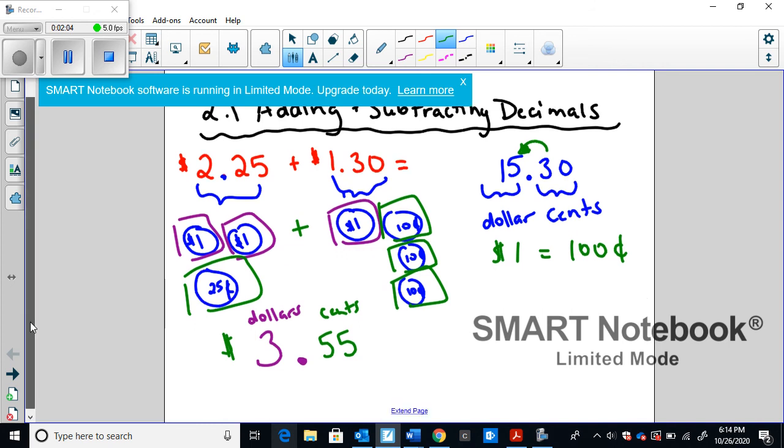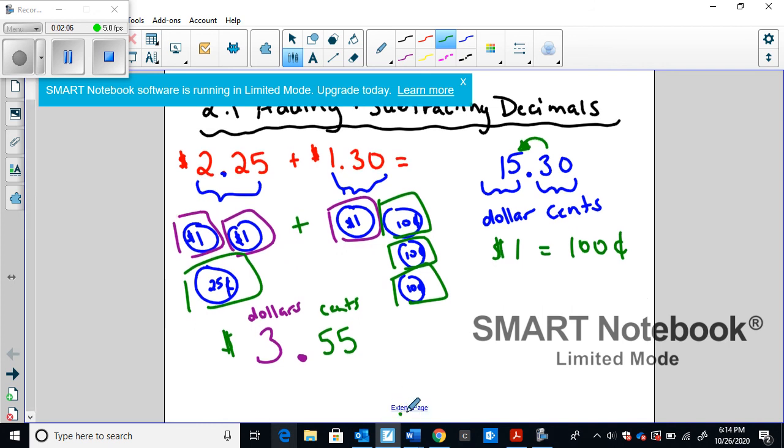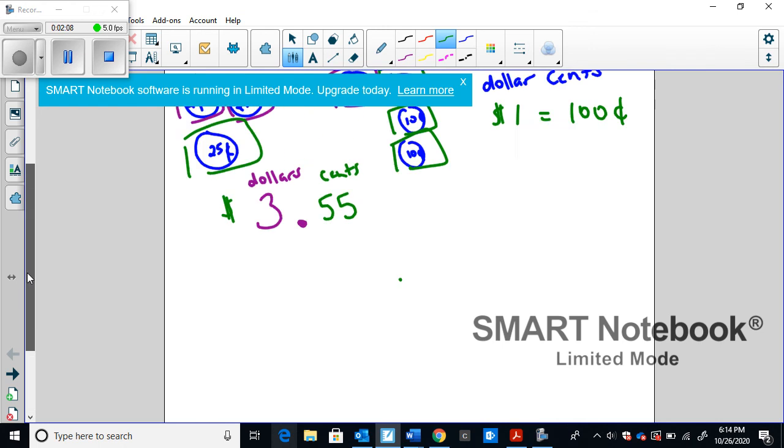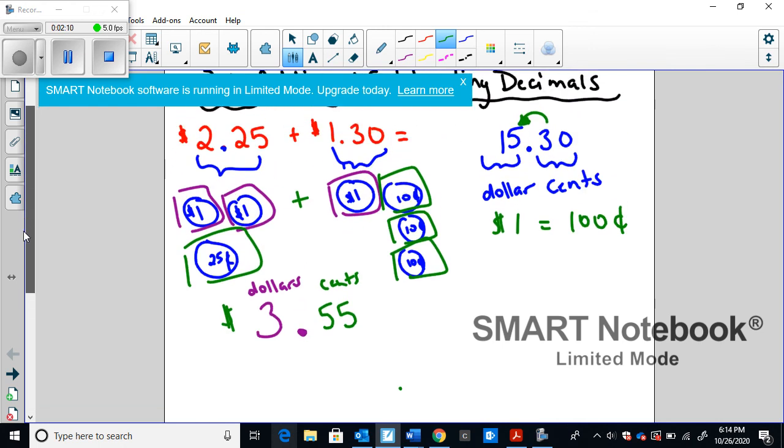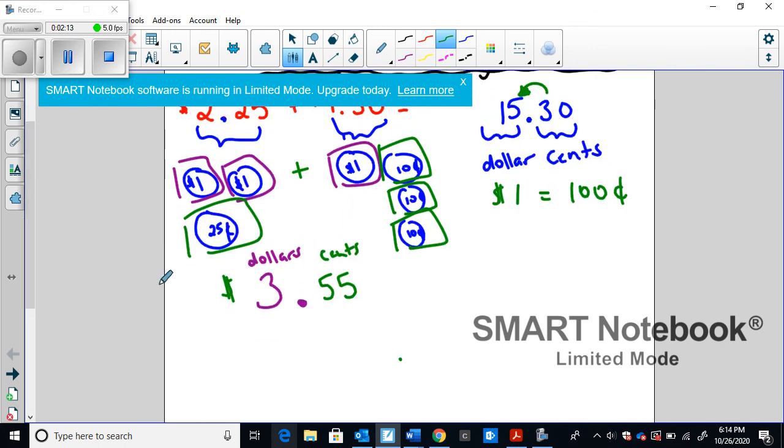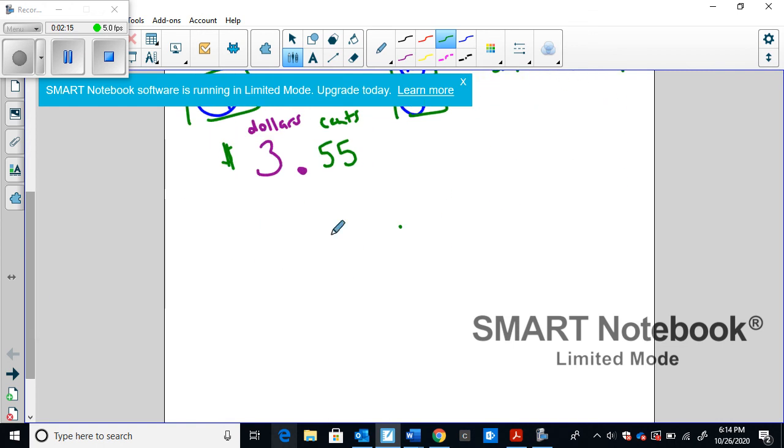All right, now let's actually set it up and solve it mathematically. If we were to use our money, that would be a good way to do it. But if we want to solve this mathematically, we're going to actually set up $2.25, one on top of the other. Now the problem is, we talked about in class how we need to make sure our number one key point was to line up the decimals.